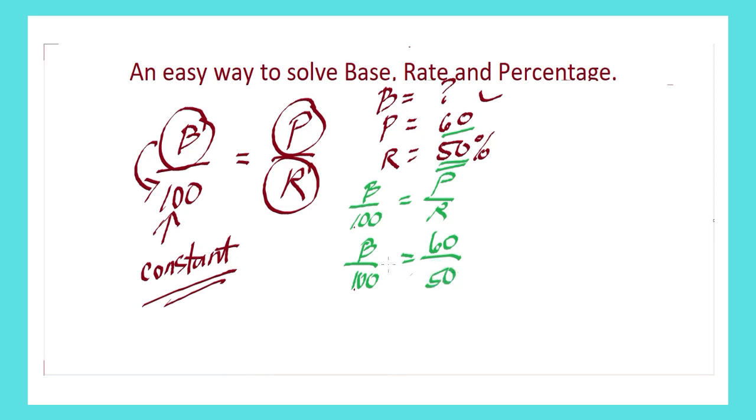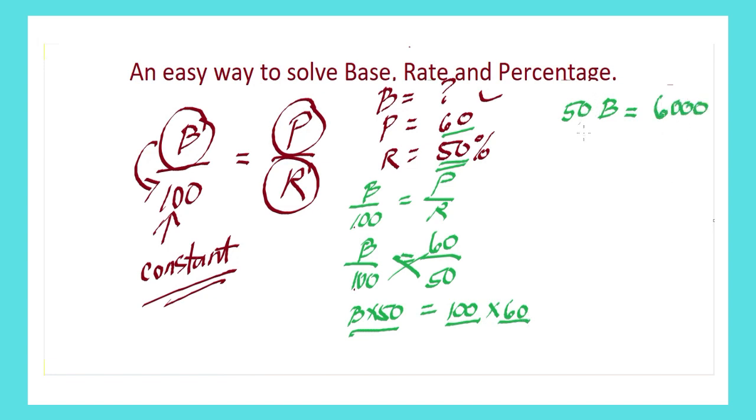You just replace it there and then cross multiply. So B times 50, 100 times 60. B times 50 will give you 50B, equals 100 times 60, which gives you 6,000.